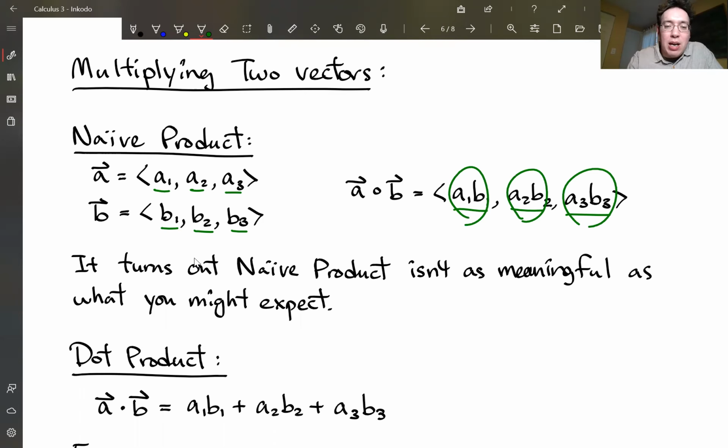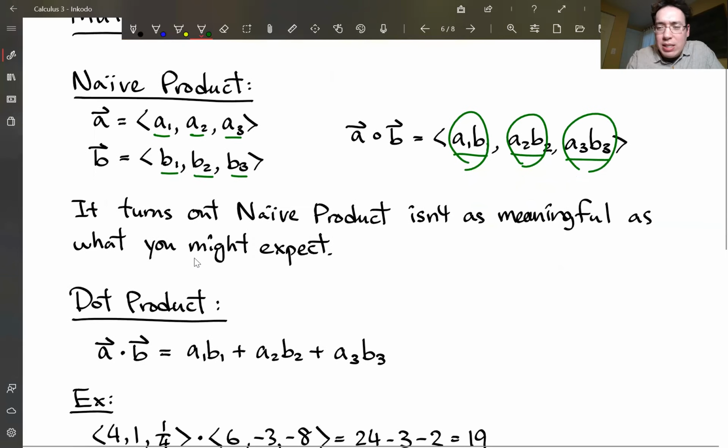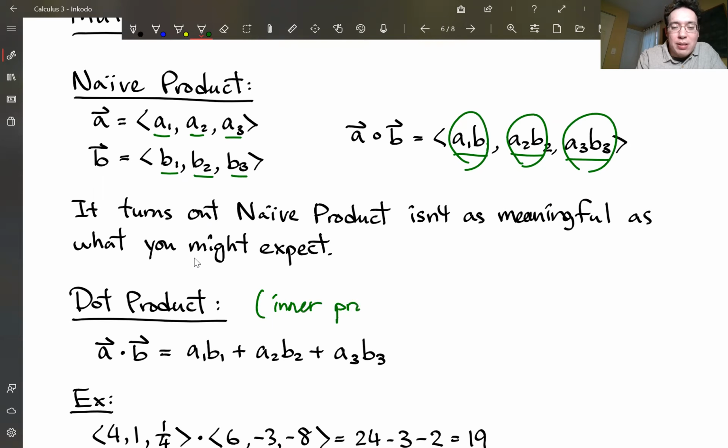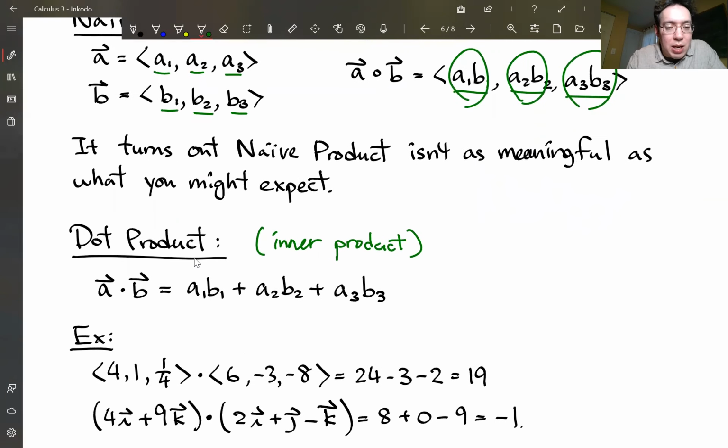So let me suggest a different type of product, and this one is called dot product. In fact, it's important enough that it has a lot of different names. Sometimes it's called dot product, sometimes it's called inner product. How is that computed?